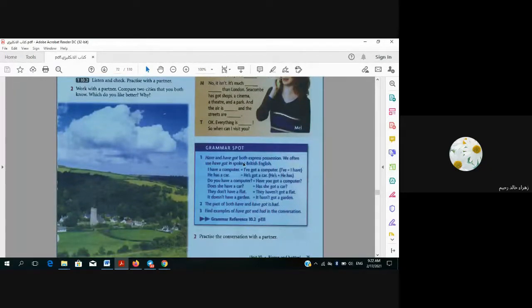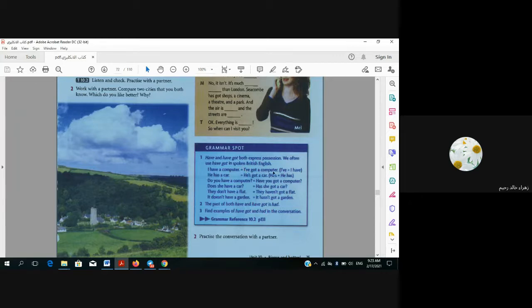Have and have got both express possession. We often use have got in spoken British English. I have a computer.